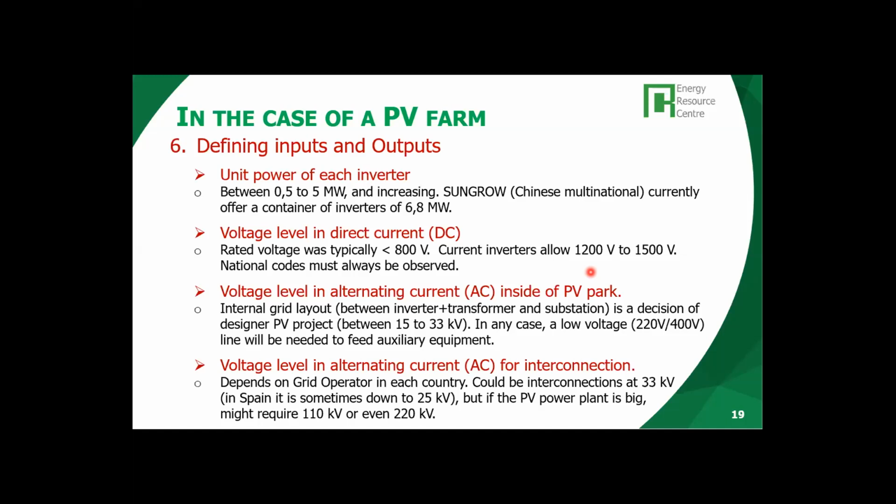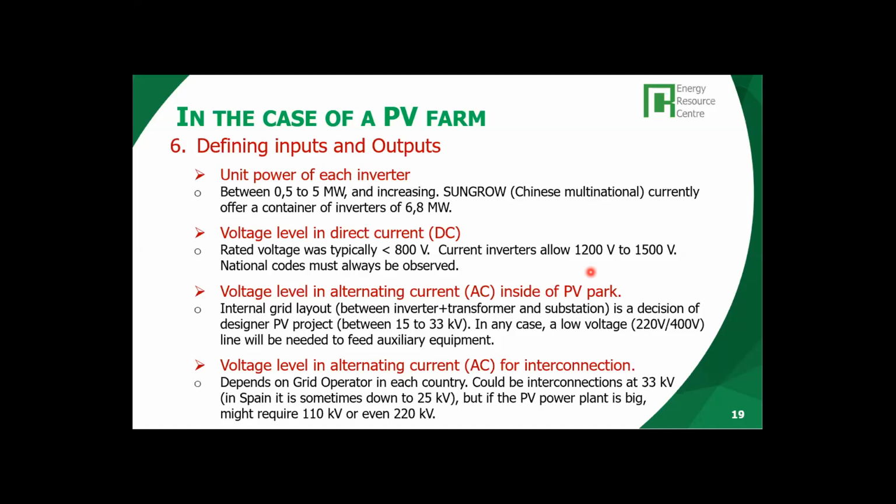And this would be the connection between the inverter, or inverter and transformer, and the substation. The substation would be the gate, the exit of our plant, and the connection to the distribution or the transport grid. And this is a design decision for the PV project.